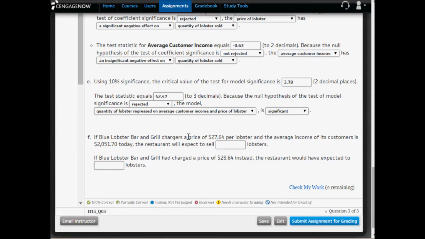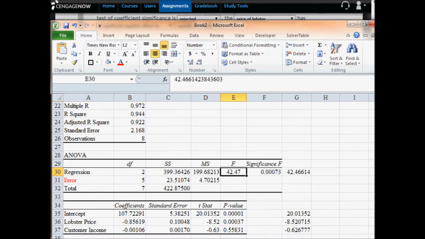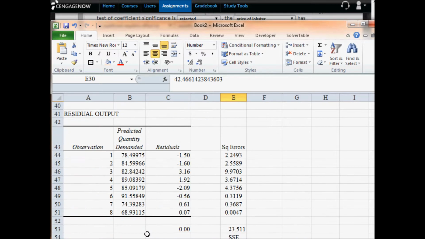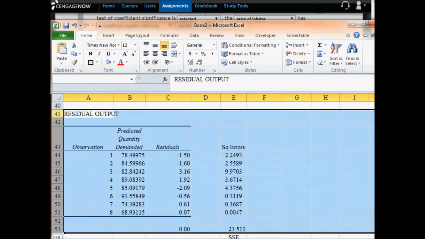So on this, what we have to do is I'm going to copy these back into Excel, and I'm going to go down, I'm going to go right here. I'm going to paste them right here, and I'm going to insert some rows.